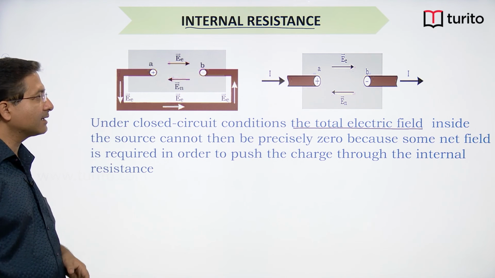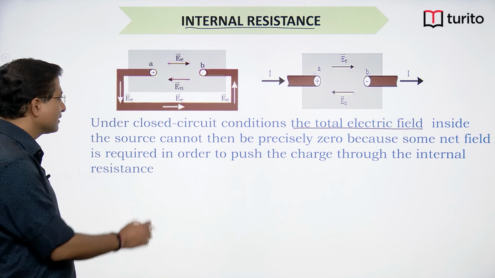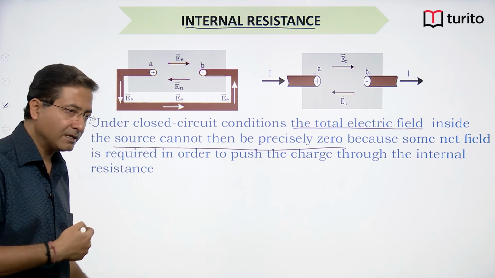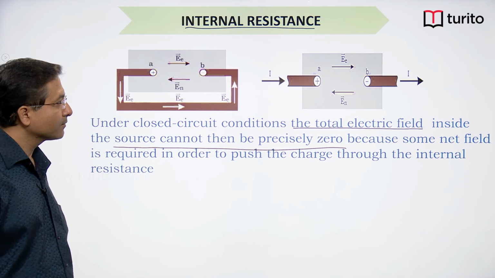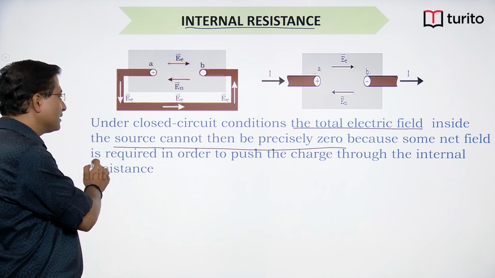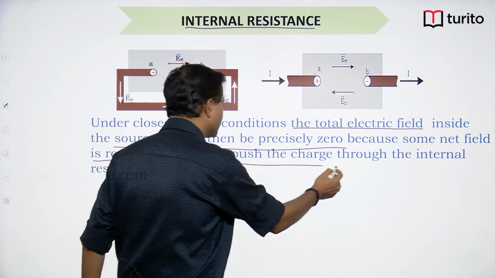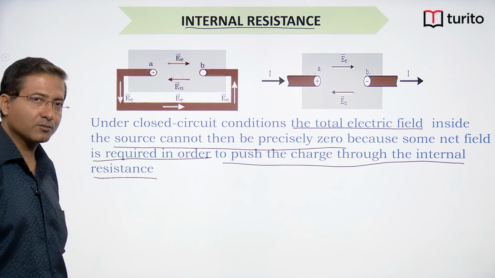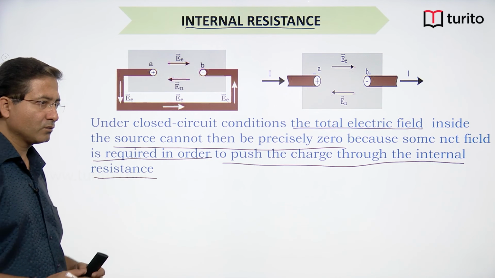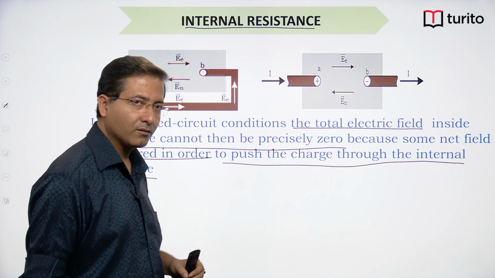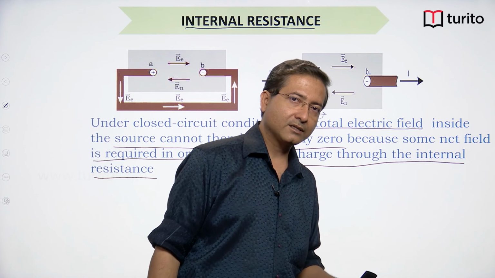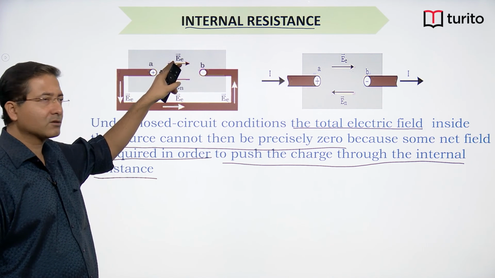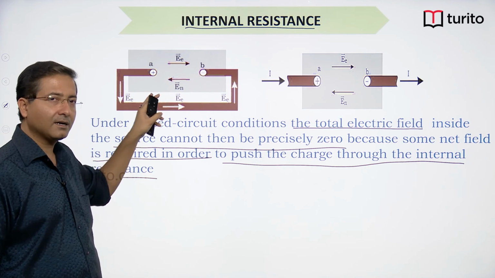So under closed circuit condition, the total electric field inside the source cannot be 0, because the net field is what drifts the ions inside; some net field is required in order to push the charge through the internal resistance. I hope this point is clear. So when you connect the battery to some external circuit, inside, the non-electrostatic field will be greater than the electrostatic field, and it starts pushing the ions.